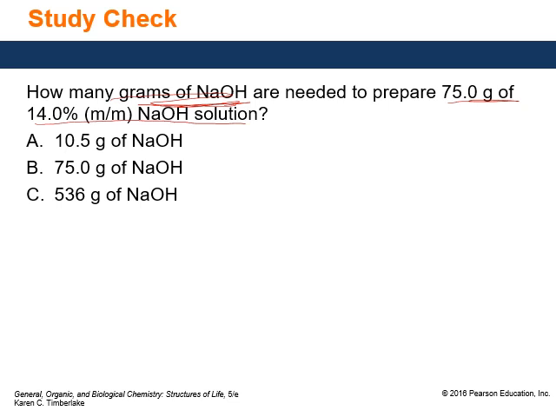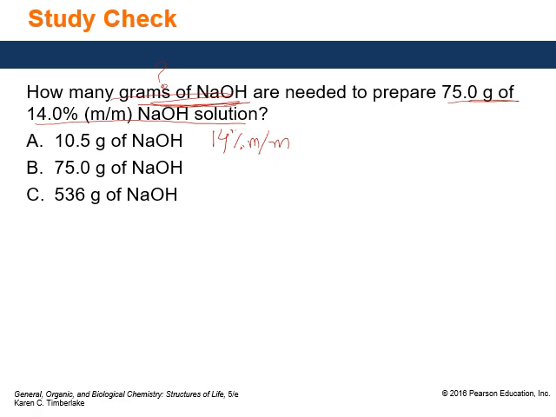It is telling us we have a solution of sodium hydroxide which is 14% mass over mass. This is given to us in question, and what's given is how many grams. So question is asking how many grams of NaOH is needed to prepare 75 grams of this solution.